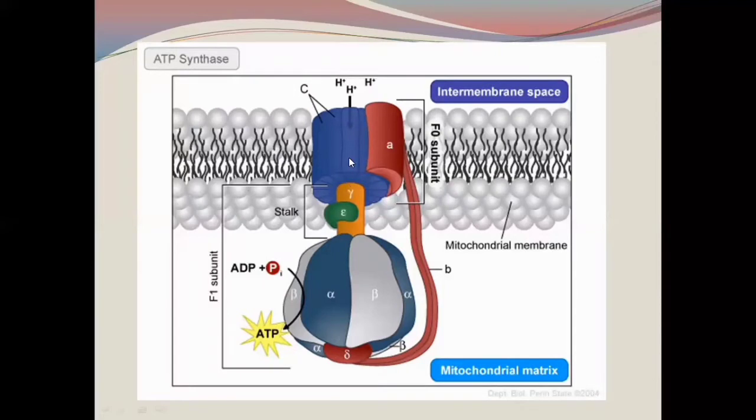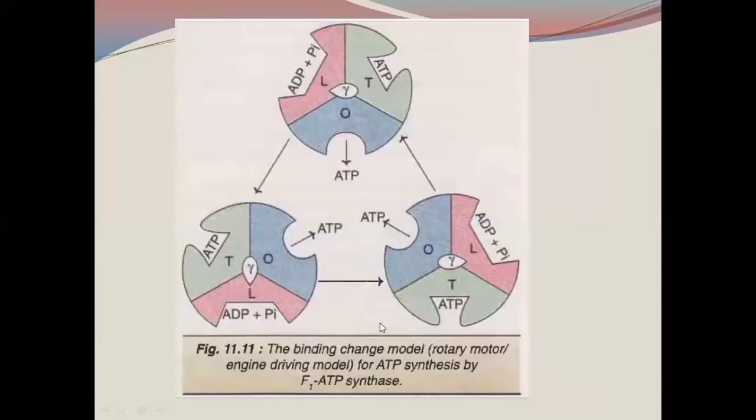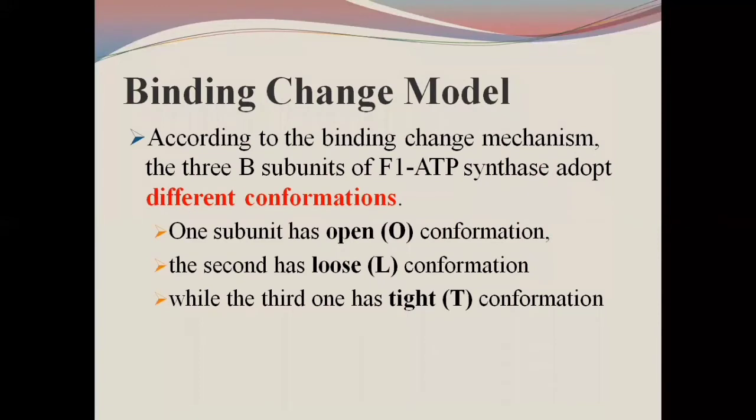The rotation occurs only in these parts, and the conformational changes occur in this part. How the conformational changes occur is known as the binding change model. The conformational changes basically occur in three forms: open conformation, loose conformation, and tight conformation. There will be three structural changes.